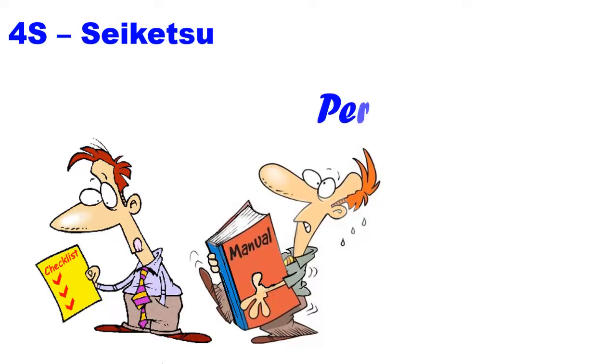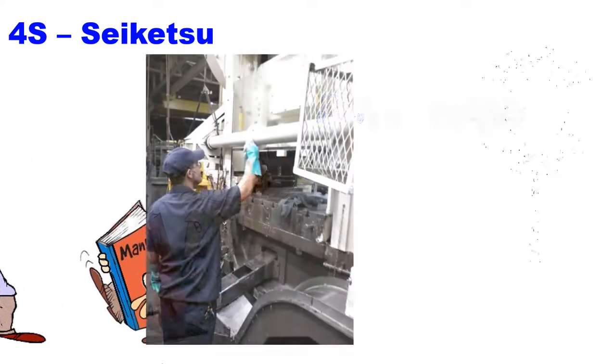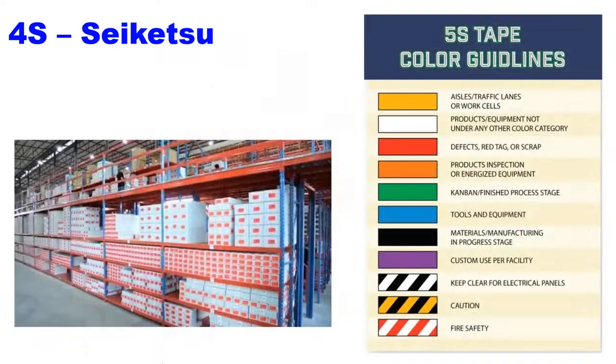For example, if we are defining the cleaning schedule, then define on which day we will clean what and how much time we should spend cleaning it along with the type of cleaning. For shop floor cleaning we should also define the procedure for machine cleaning, tool cleaning, table cleaning etc. This cleaning should include the inspection of machines and tools for any abnormalities like overheating, vibration, oil leakage etc.